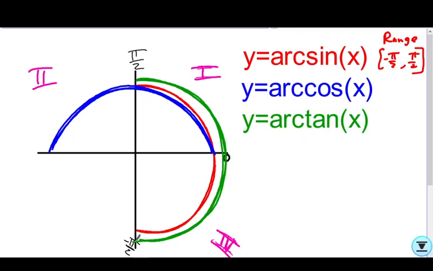So if I use any of the inverse functions, I will not get any values back between pi and 3pi/2. This is really important because when we start to evaluate these functions, you need to know where they're going to output from. So this is how the functions work.